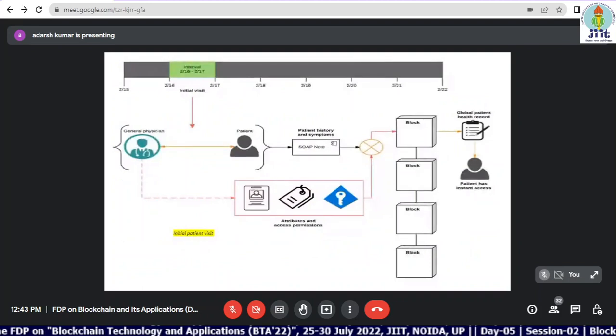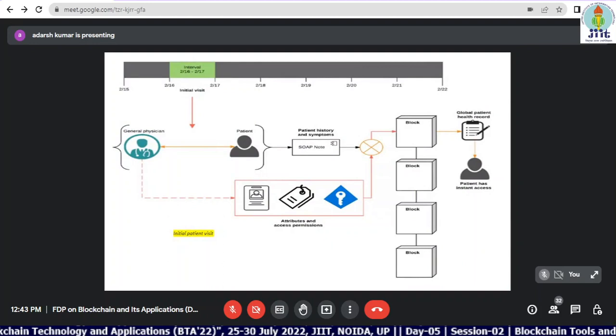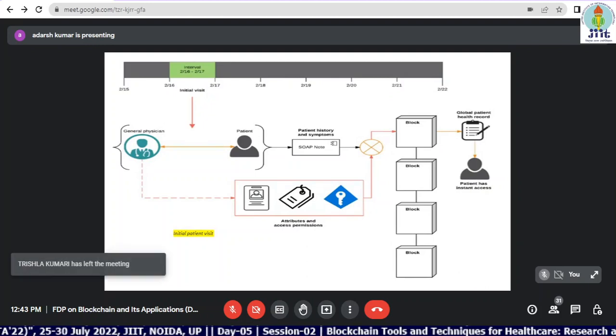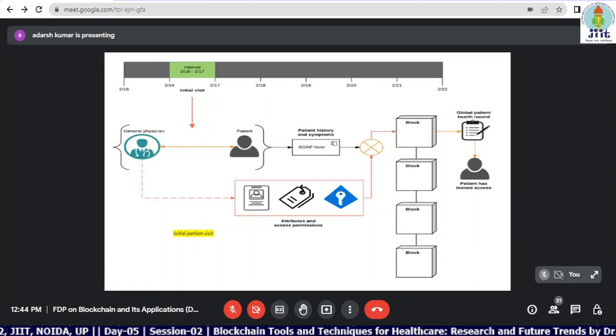So the most important thing is, when a patient is visiting a hospital, how the blockchain network will be created. This picture will show you a diagram with a timeline. During the initial stage, in developed countries, if a patient is visiting, he cannot directly go to a specialized person unless he has some pre-approval from the general physicians.